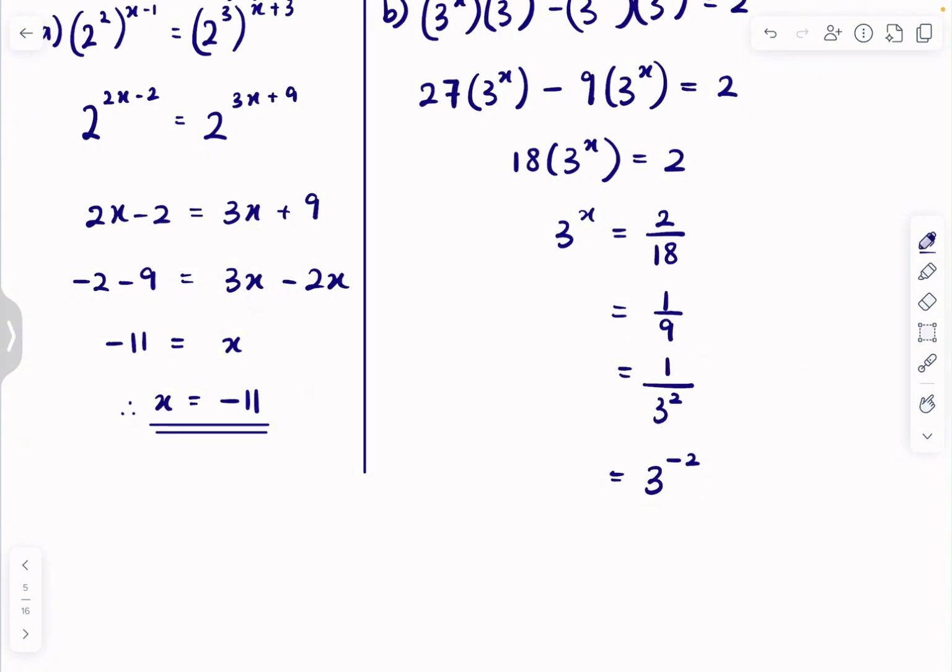So now we know 3 power x is 3 power negative 2. So since this is 3 and 3, we can say x is negative 2. Done.